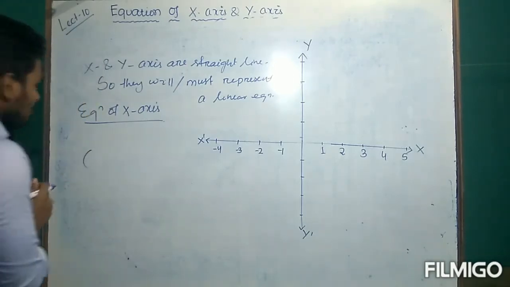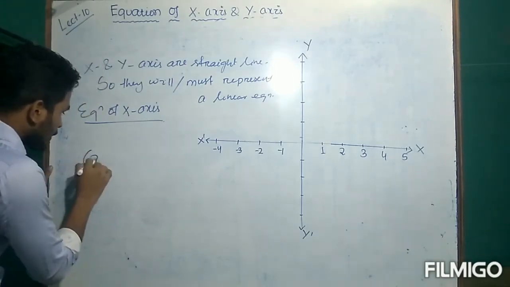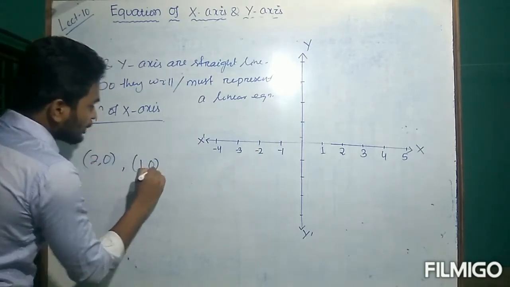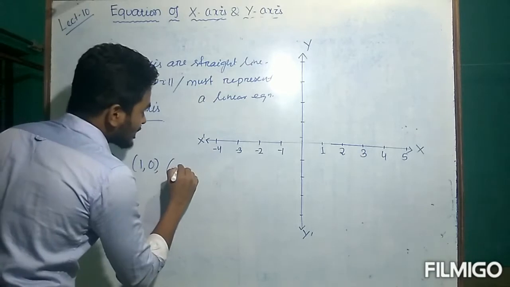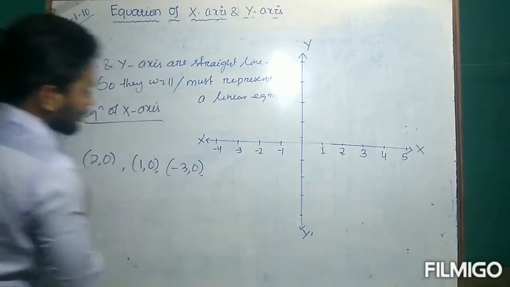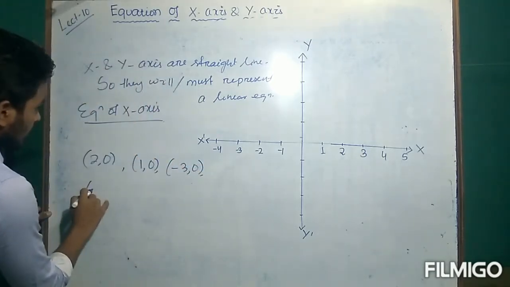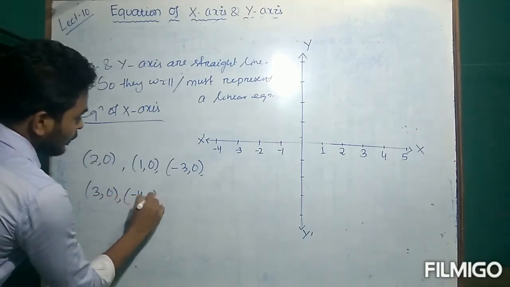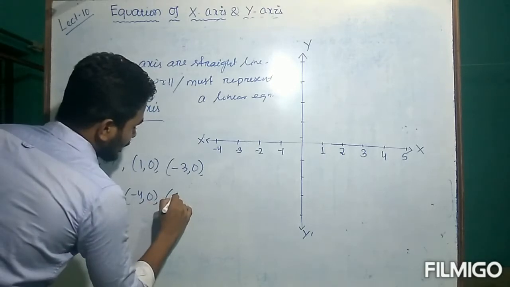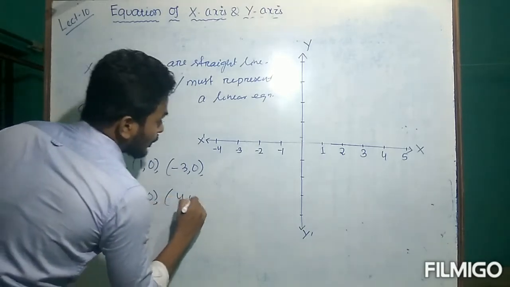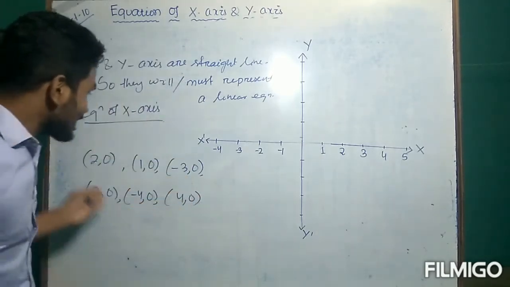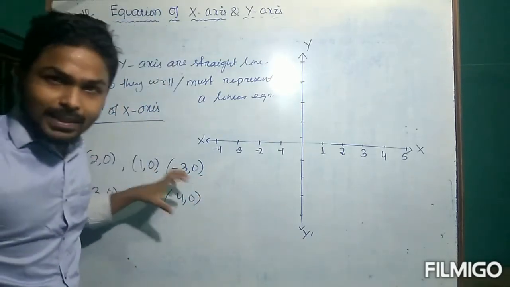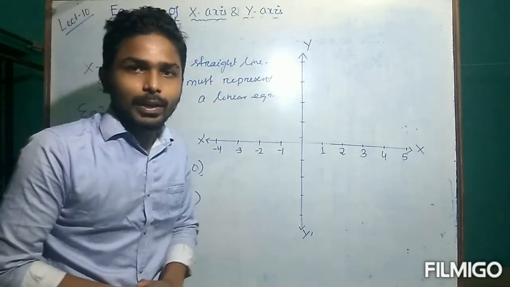Suppose I am taking some points like this: (2, 0), (1, 0), (-3, 0), (3, 0), (-4, 0), and (4, 0). So these are 6 points. Now we are going to represent those points on the Cartesian coordinate system.